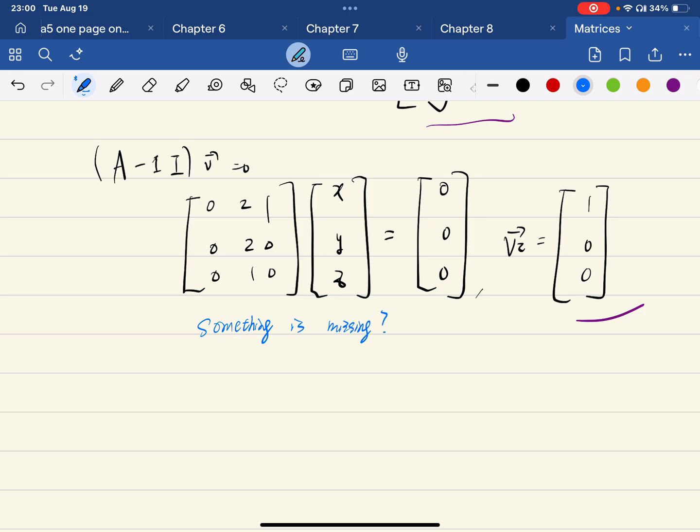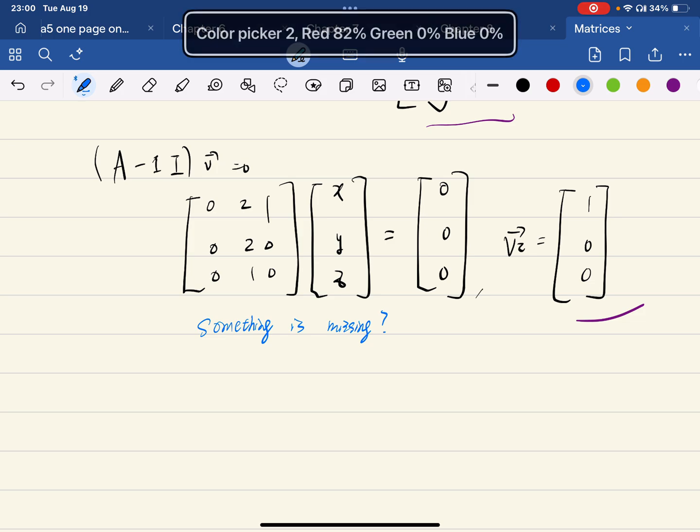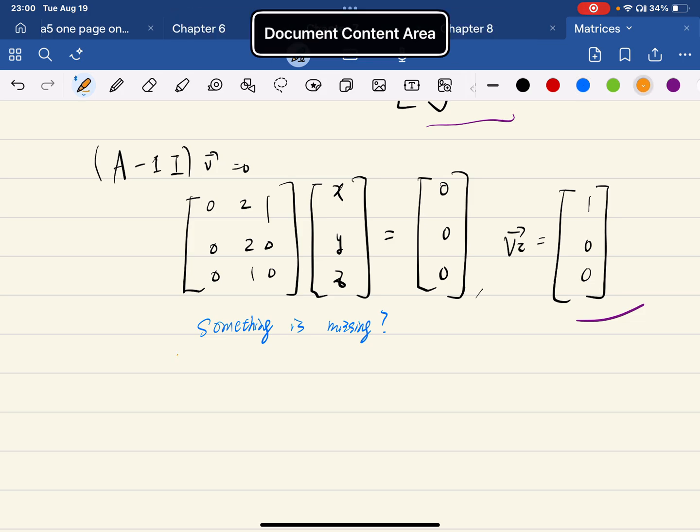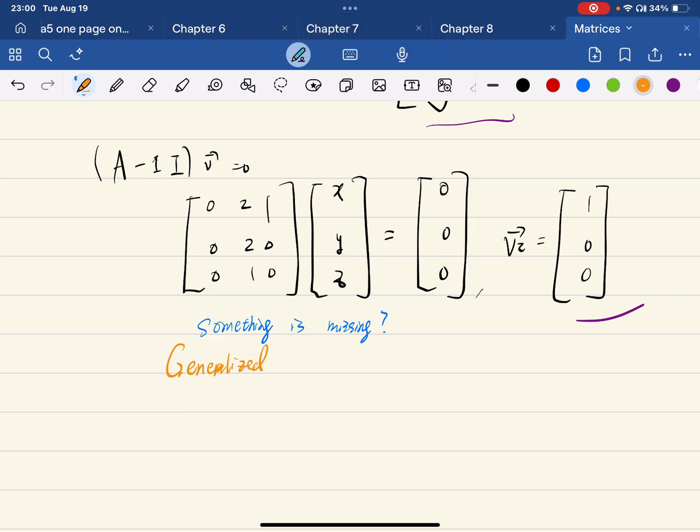Yeah, what is missing? Another vector which is called a generalized eigenvector.